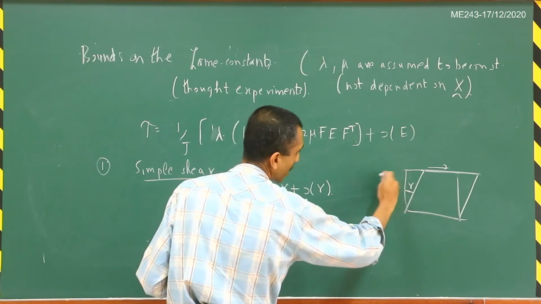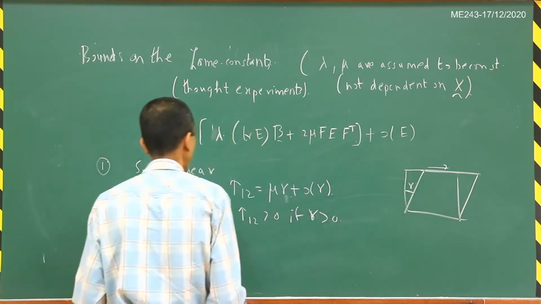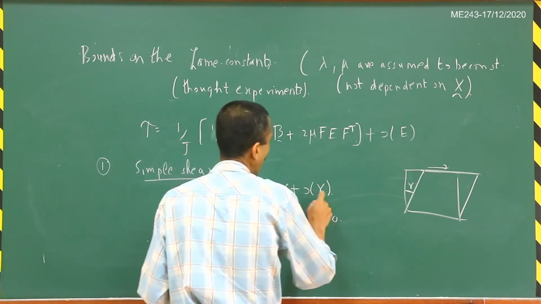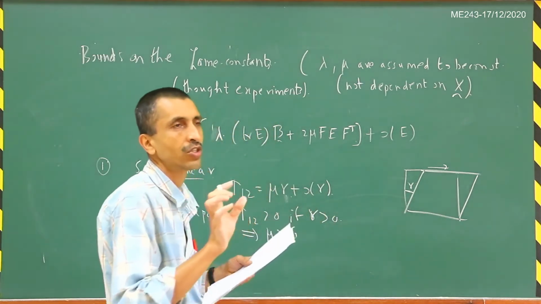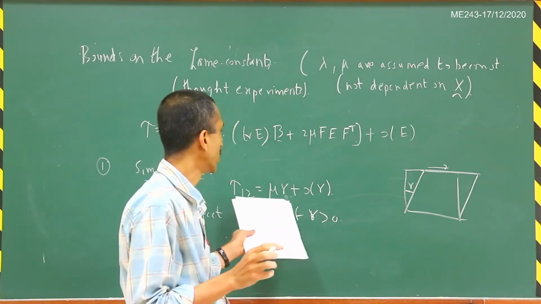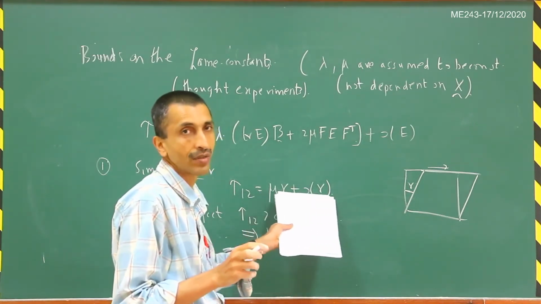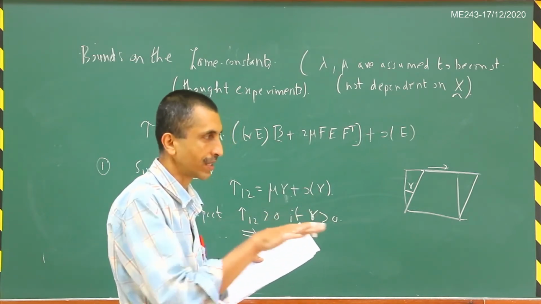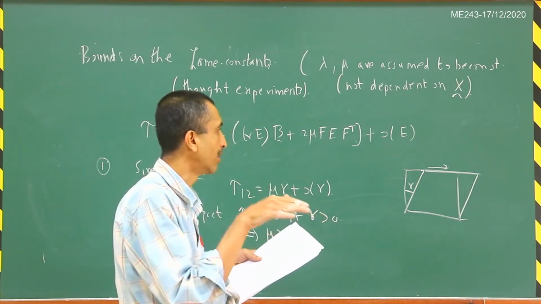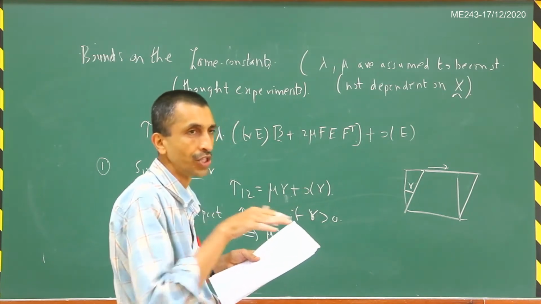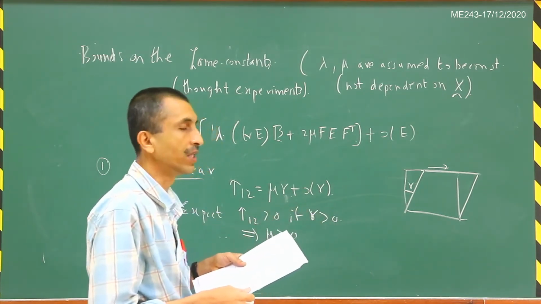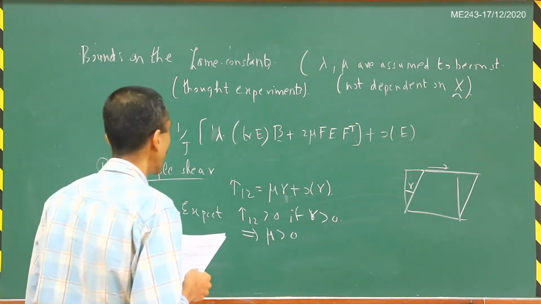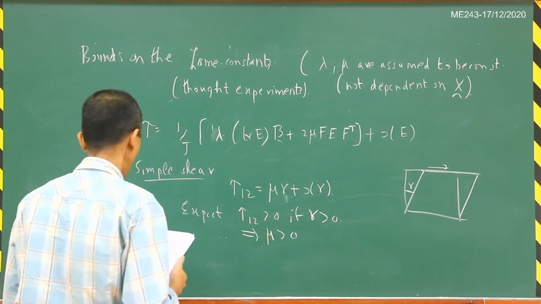Gamma greater than 0 is in this particular direction here. So this implies that your mu is greater than 0. Consider that gamma is small enough so that this term dominates the other terms here. Then you would expect that the block moves in the direction of the shear traction being applied on the top surface here. And so mu is greater than 0. That is the one bound that we get based on this one.